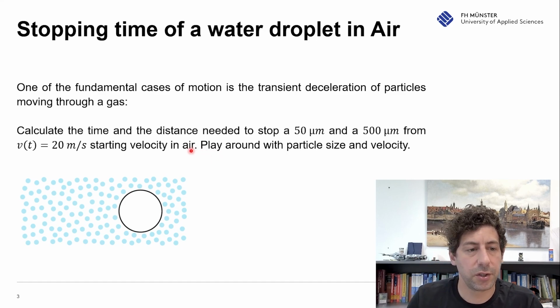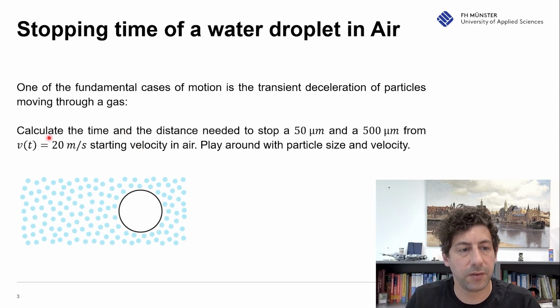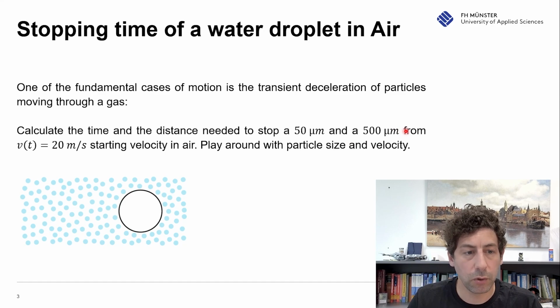So the question here, and this is basically from the previous video, right? Calculate the time and the distance needed to stop a 50 micron and a 500 micron water droplet from a starting velocity of 20 meters per second in air.